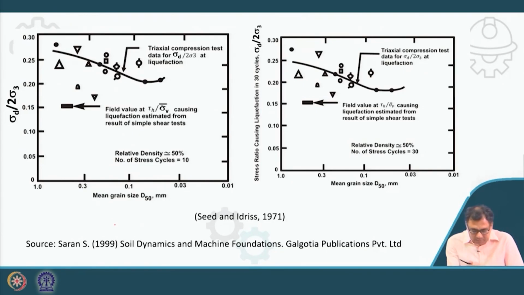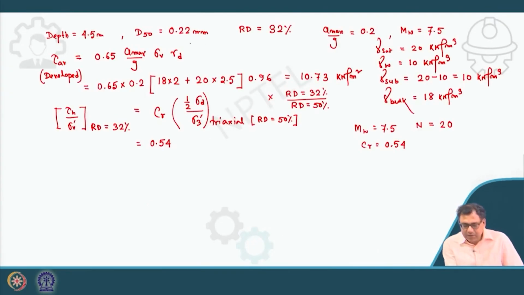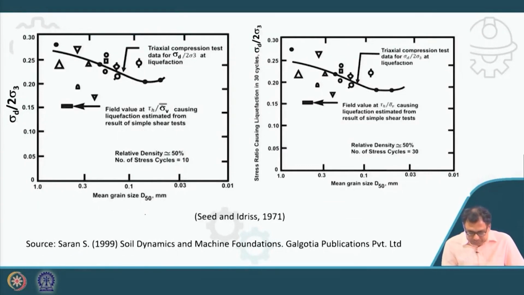Now from the mean grain size distribution, D50 is 0.22. This is 0.1, this is 0.22, so the corresponding value will be around 0.22. This is in log scale.